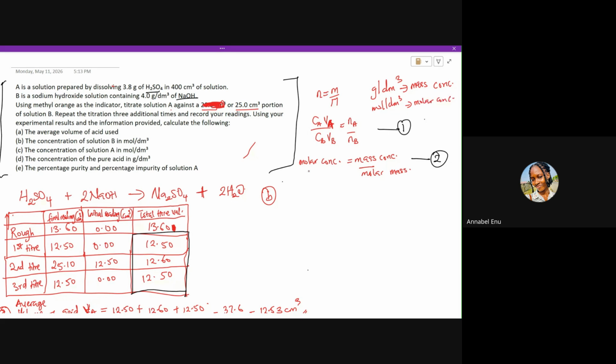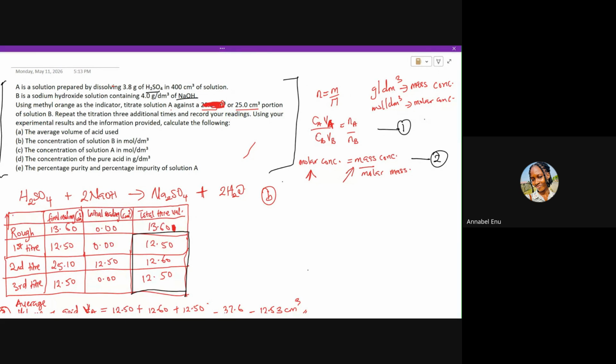So this here is mole per dm cube, but this here is mass, in gram per dm cube. Then this Ca and Cb, they are in mole per dm cube. So whenever you're told to find molar concentration, concentration in mole per dm cube, you go to your question.